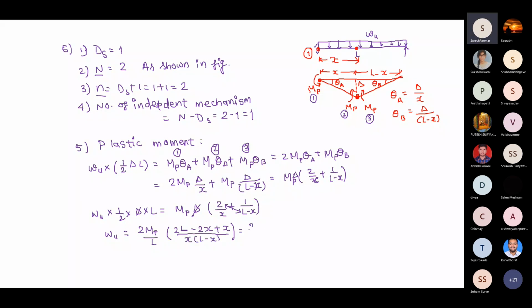And then we have 2 MP by L in bracket. So we have 2L as it is.